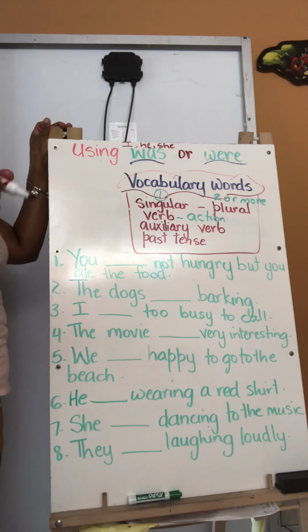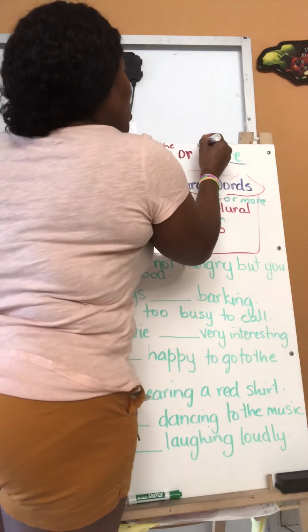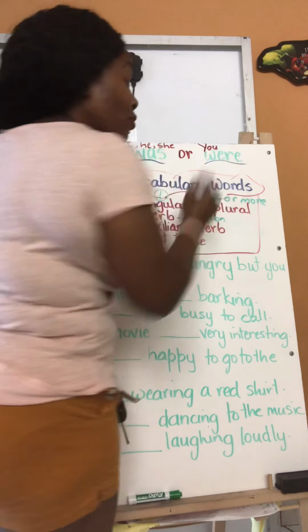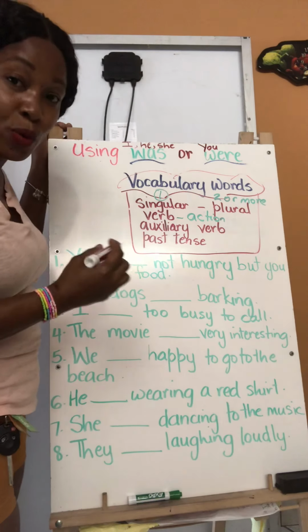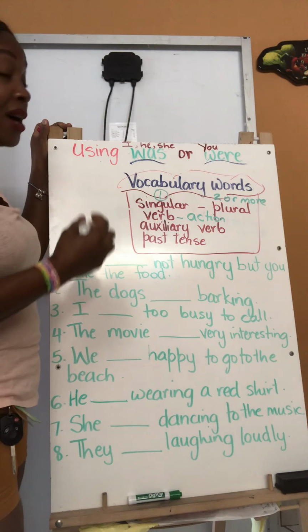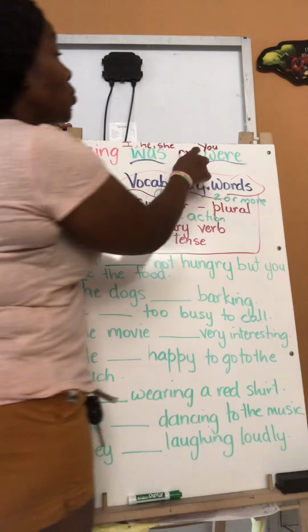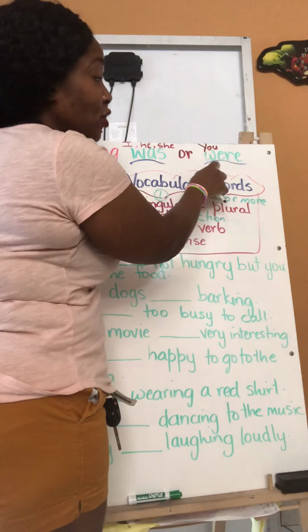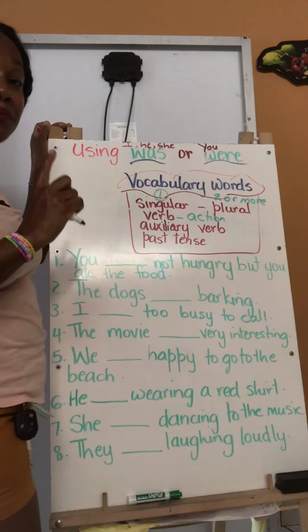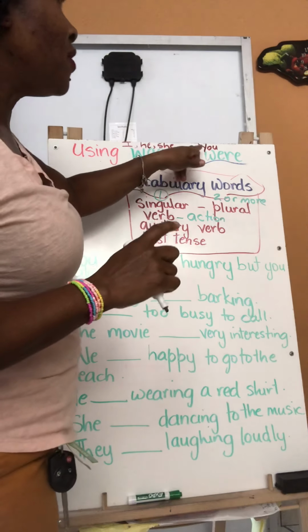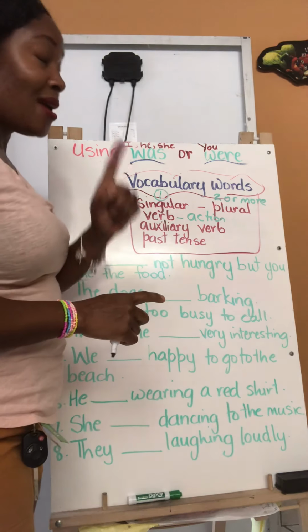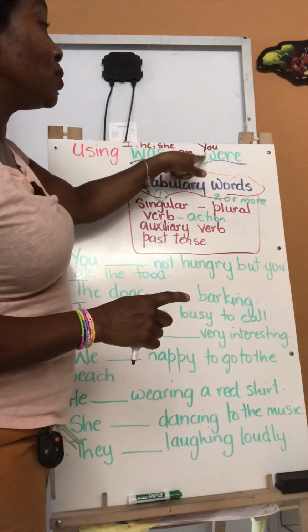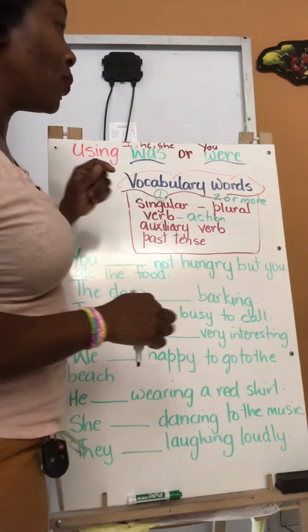Now, here's the trick. The word you can refer to one person, and it can refer to more than one person. But whenever we use the word you, we have to use were. So let me say that again. Even though you can refer to just one person, when we use it, we use the word were along with it.